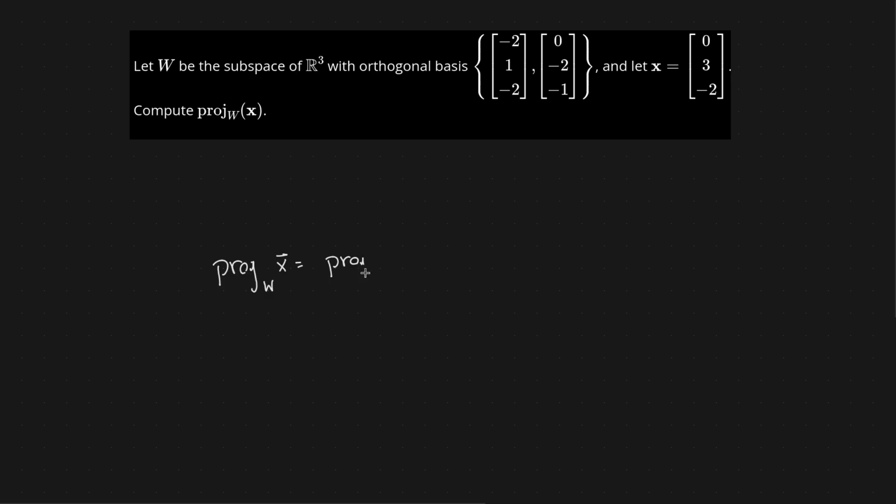Let's give these names, let's call these V1 and V2. So the projection of vector X onto V1, the projection of vector X onto V2, and then you add all those projections together, okay?